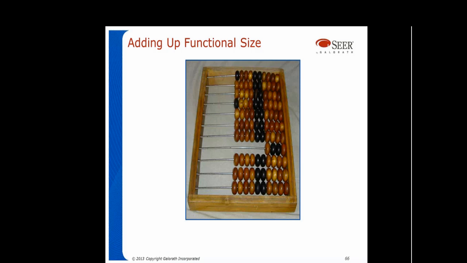It would be inefficient to say this application has 2 outputs, 3 inquiries, etc., and this other application has these numbers. It wouldn't be comparable. I need a single combined figure. It'd be easier to say, for example, this application is 200 unadjusted function points, and this other application is 300. That would be much more comparable.